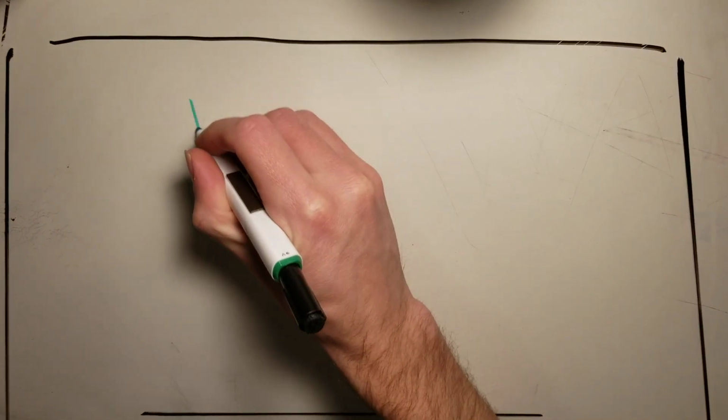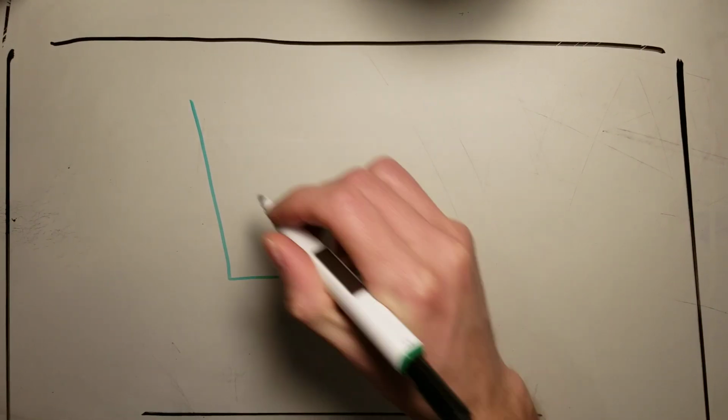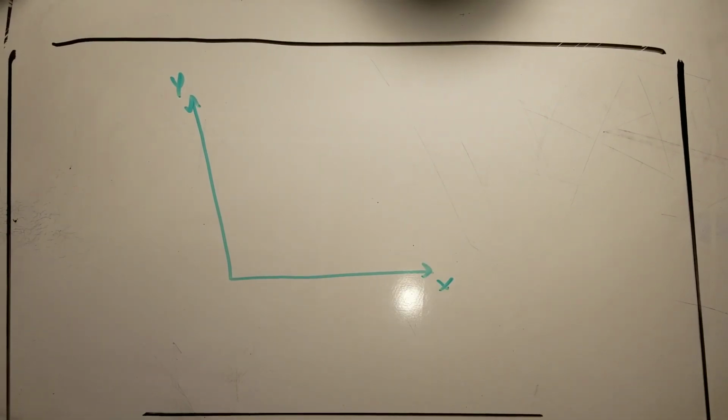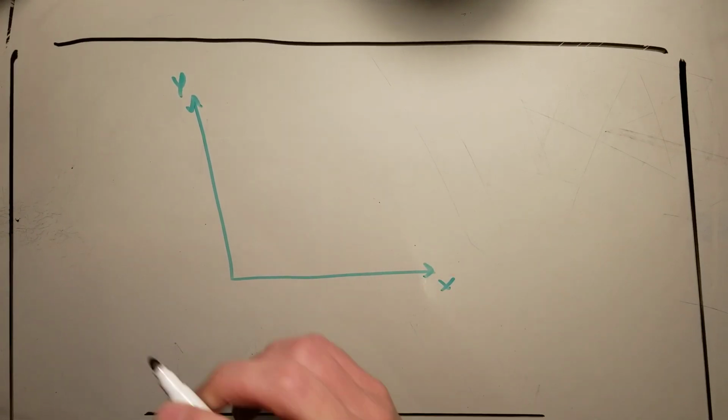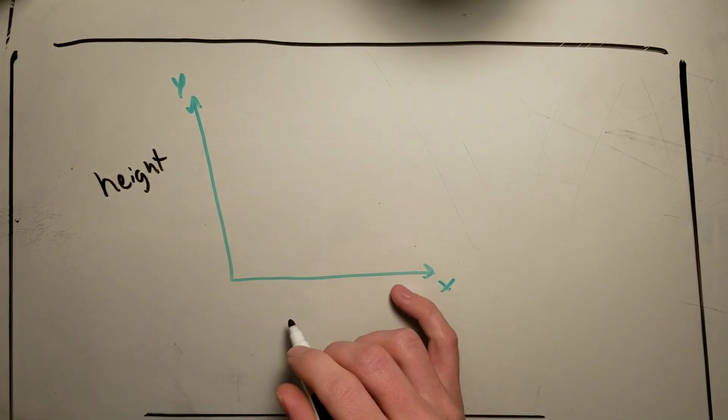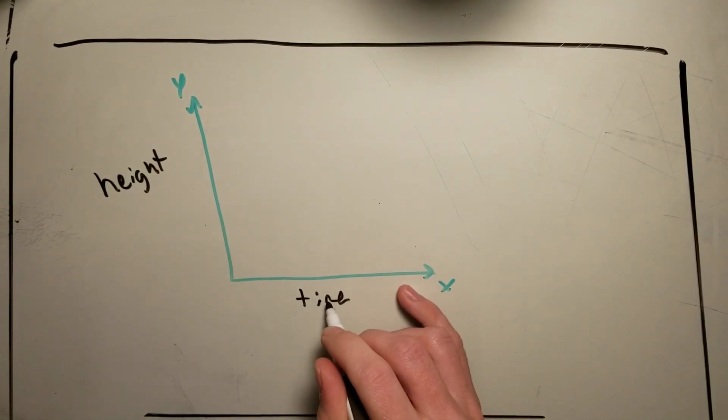So for our x and y axes, we're going to need to think about what are the units that we're measuring here. The units here, we're going to end up measuring the height of the hot air balloon as time goes on.